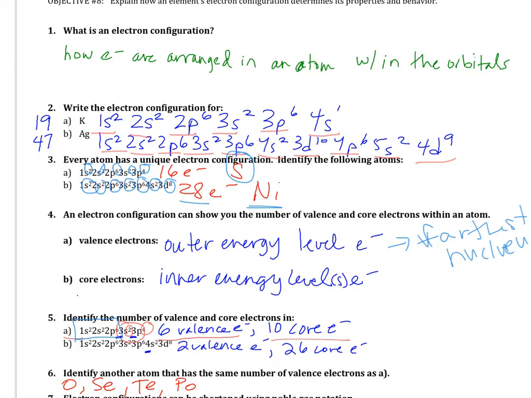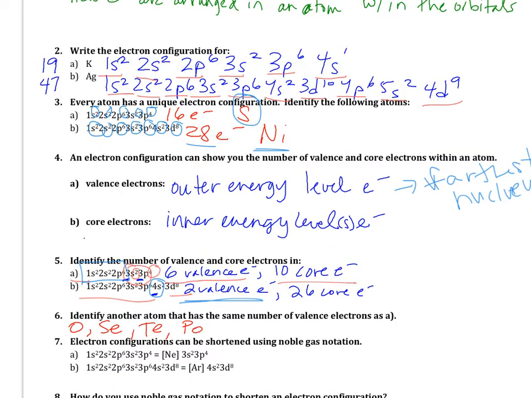In my second example, again, I'm going to go to the highest energy level, and in this case, the highest energy level is the fourth energy level. In that fourth energy level, there are 2 electrons, and so I would end up with 2 valence electrons, or 2 electrons that are farther from the nucleus, and the other ones add up to my core electrons.